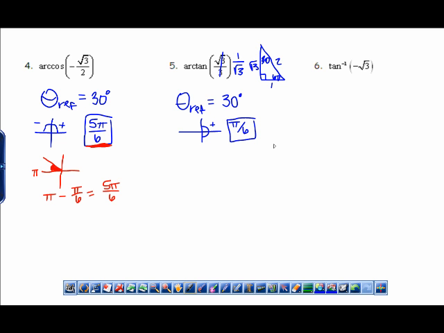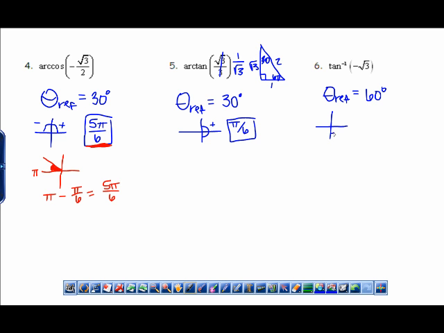And there's our answer. Okay, number 6, I am going to have to be concerned about the restricted range, but first let's figure out what our reference angle is. Now, we just did one like this. This is the reciprocal. So that means our reference angle is going to be 60 degrees. And again, you may have that value memorized, and that would be more beneficial to you.